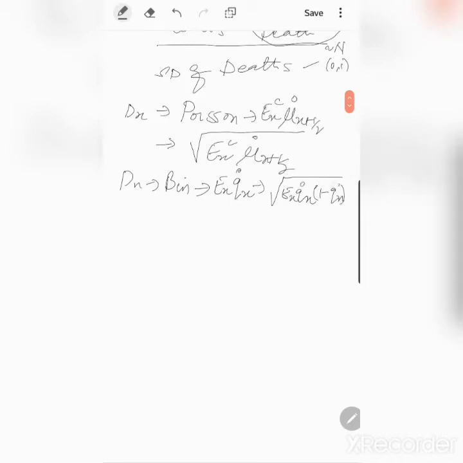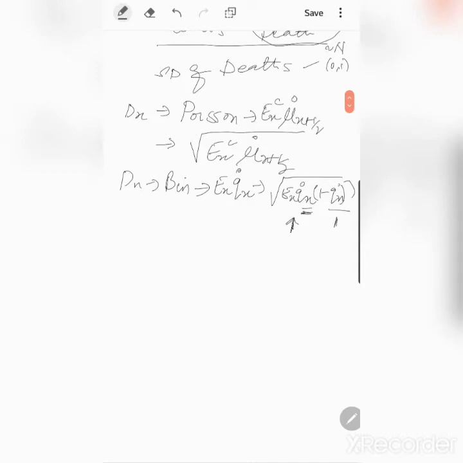Here, qx is very, very small, so the probability of death within the next 1 year is very small. This one will be much closer to 1, because qx is very close to 0 and 1 minus qx goes closer to 1. So in the binomial model also, the exposed to risk multiplied by qx could still give me the variance.